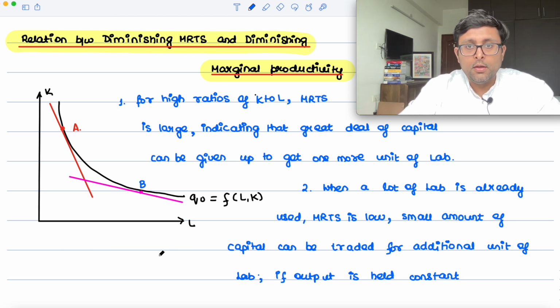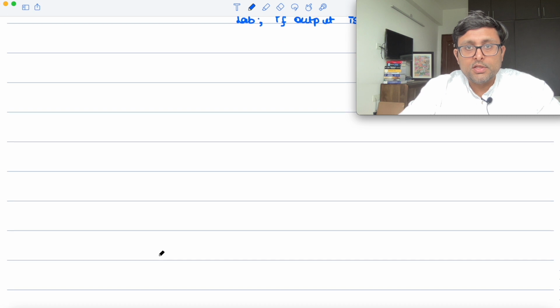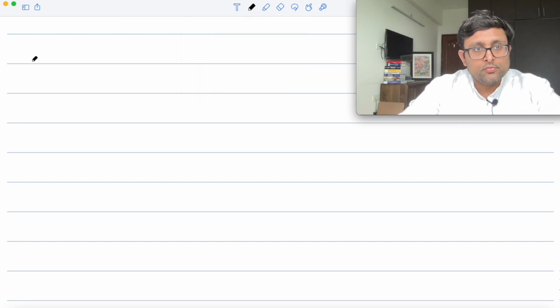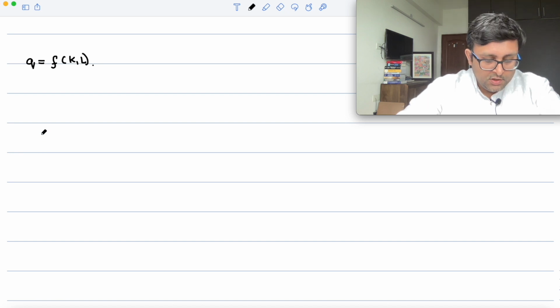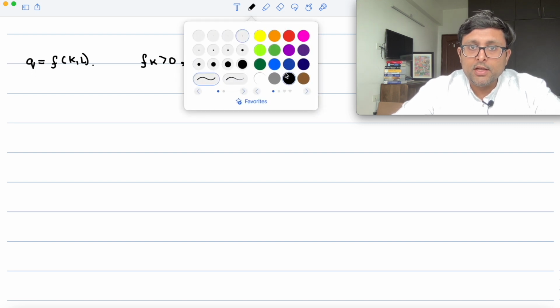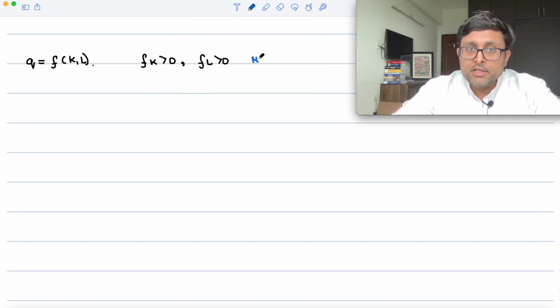So for example, you have this curve with you. Q is equal to f of K, L. f_K is greater than 0, f_L greater than 0. What does this signify? That marginal productivity is positive.